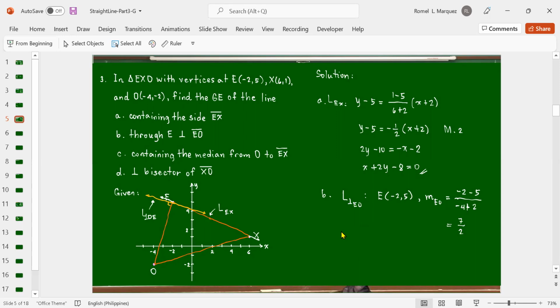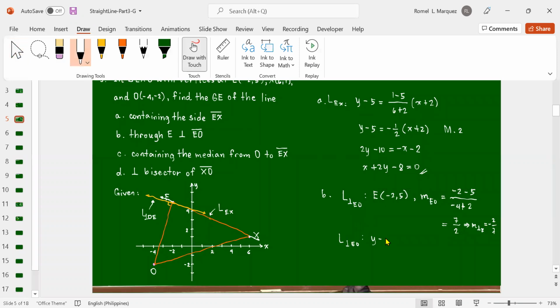Okay? So we can now get the equation of the line perpendicular to EO. So y minus, what is the slope that we are going to use, guys? What is the slope perpendicular to EO? Negative 2 over 7, right?